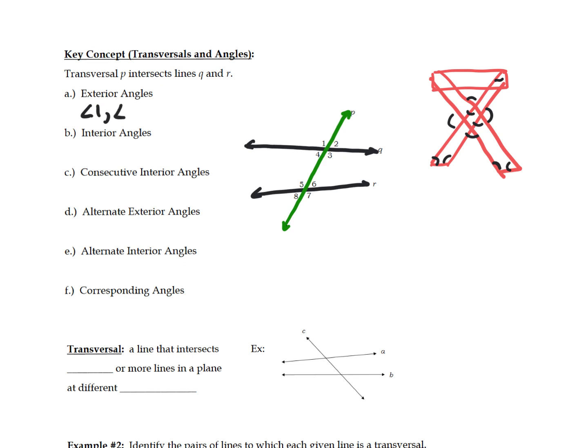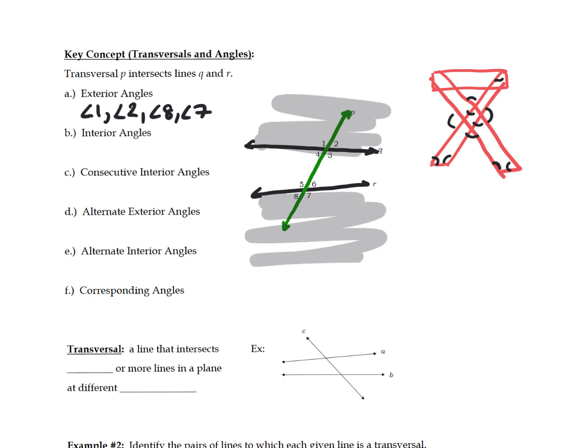So 1 and 2, 8 and 7 are all exterior angles, because you can consider all of this the exterior, and then the interior is just this little region. So the interior angles will be 4, 3, 5, and 6. Now, we have names for all these different ones.